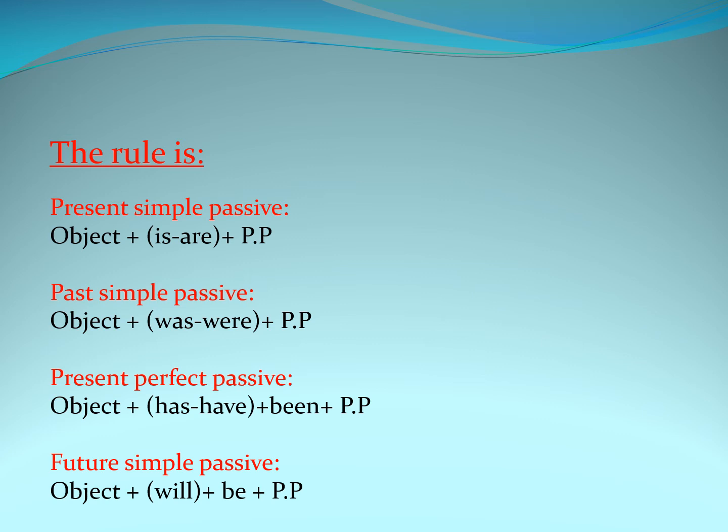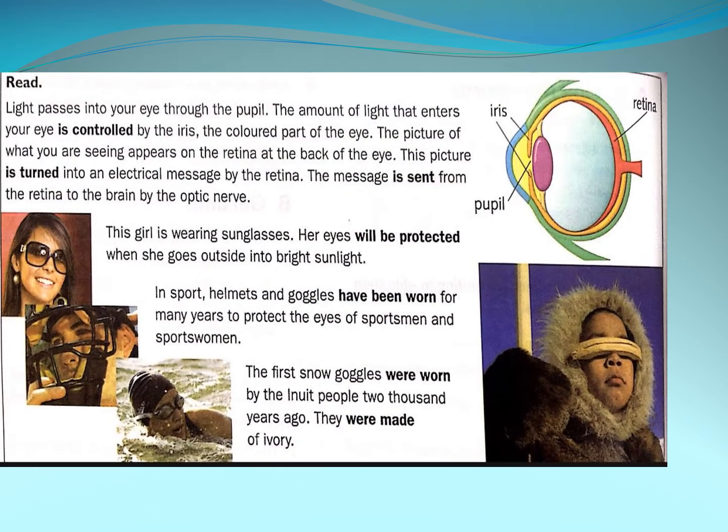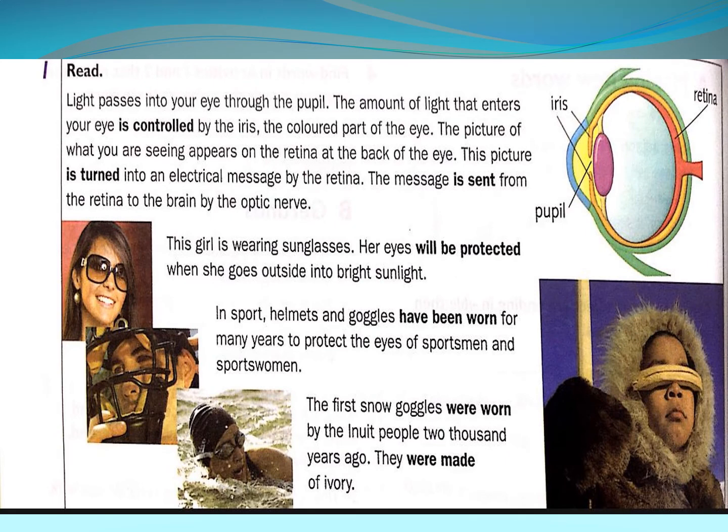We start by the object, then we use will, then verb to be, then past participle. In your book, you will find more and more examples. If you read this text, the examples are written in bold for you, so you have to read this text for 2 or 3 times.